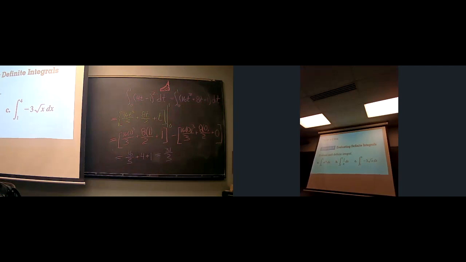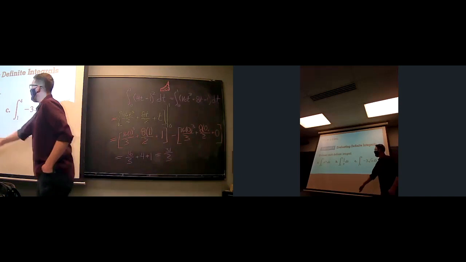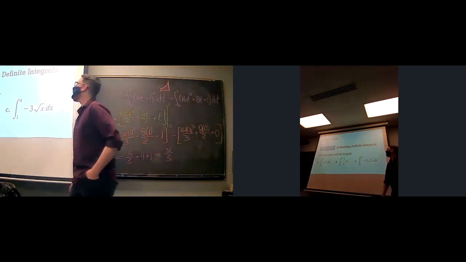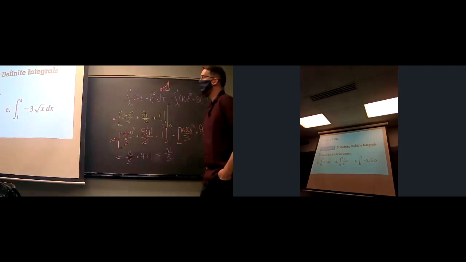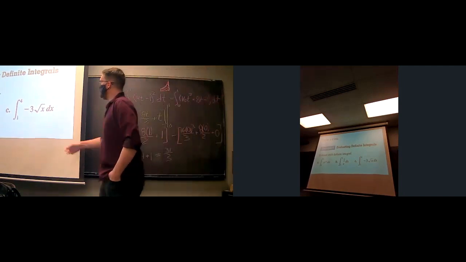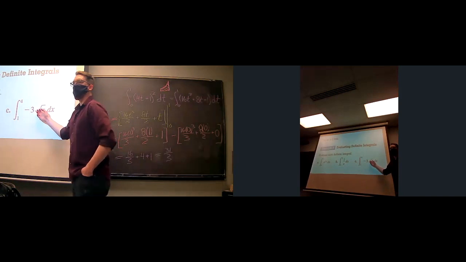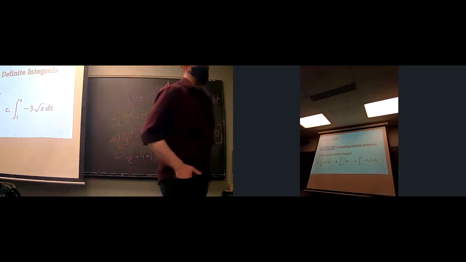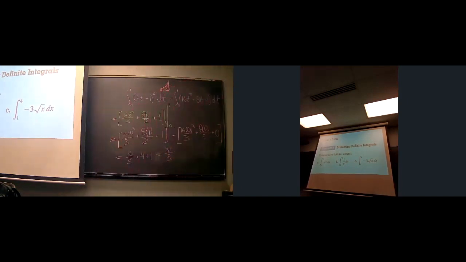Or multiplying by that 1, right? One over x dx, that's going to give us an ln. And here, this is just going to be a power rule, right? But as we evaluate each of these problems, we're going to follow the same methods.